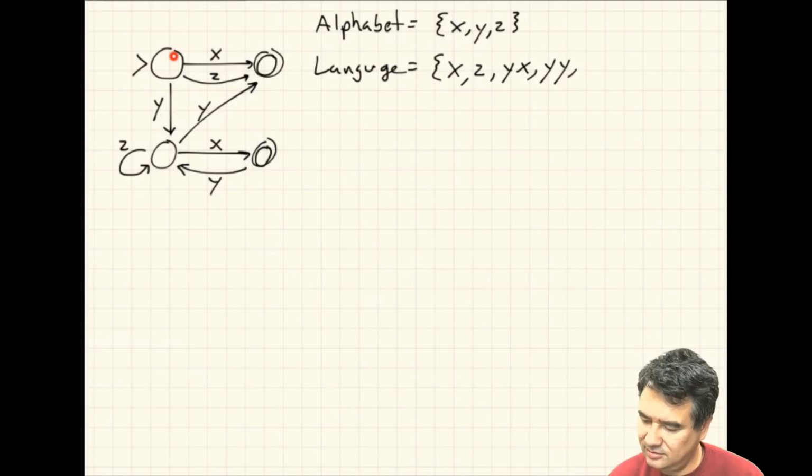So we can go y, x, and then yx, yx, yx. So we can do yx. This is kind of similar to the previous one. We do yx, and then we can do a bunch of yx's. So we did a yx, that gets us the accepting state, but then we can do yx, yx, yx, da da da.